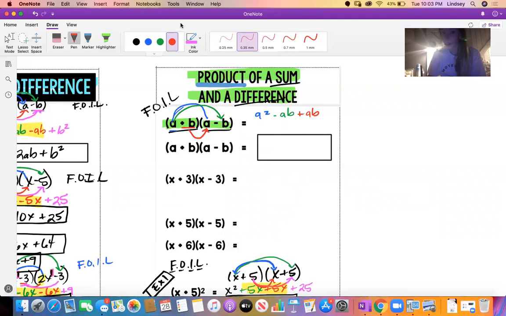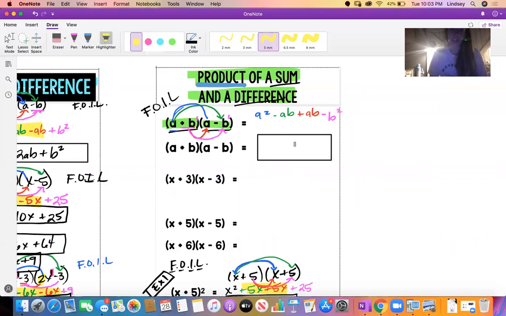Maybe you see already what's going to be different about this one. All right, and then I have positive B times negative B. Okay, so we know a positive times a negative is going to be a negative. And then we have to add our exponents. So that's going to be negative B squared.